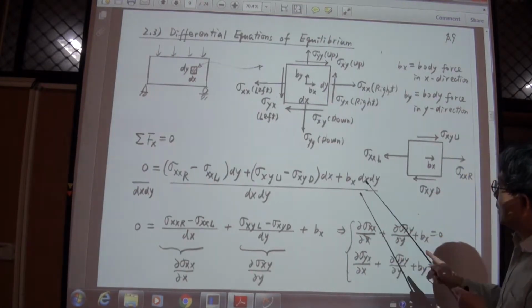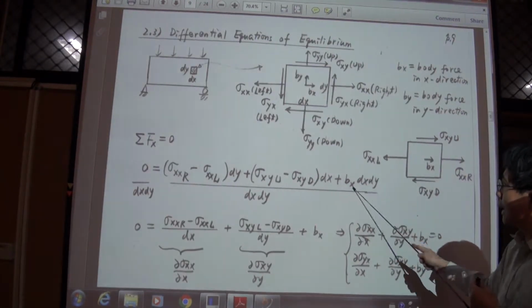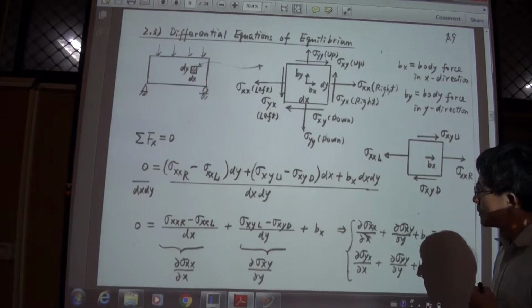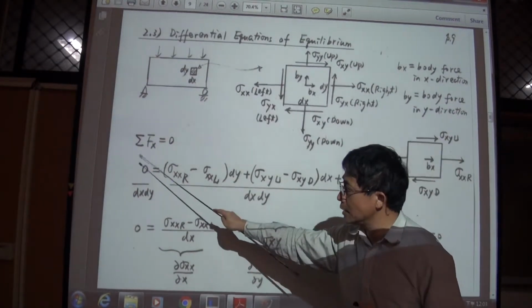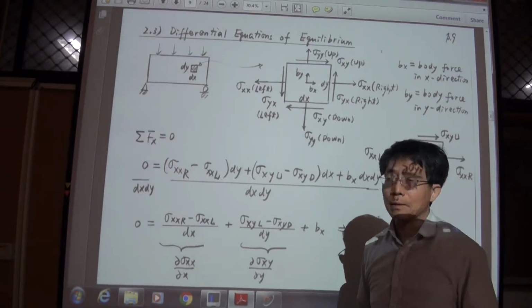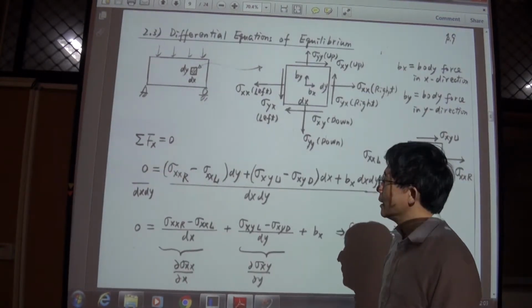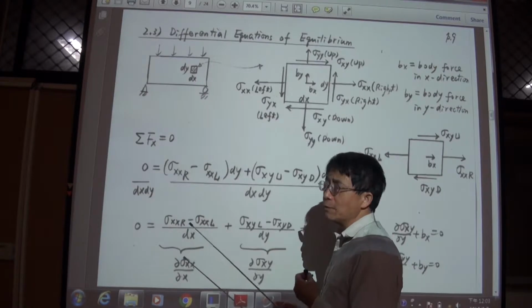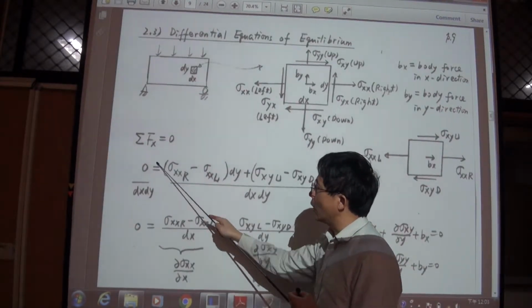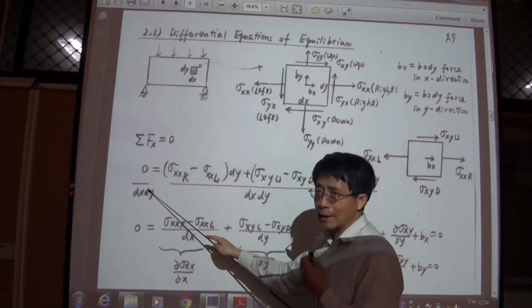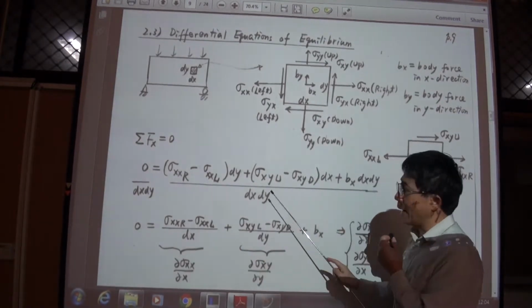So we times dx dy here in order to get the resultant force. And all these resultant forces summed together will give you 0. This is called the equilibrium state. Now, to simplify our equation, we divide the left side of this equality by dx dy, and the right side by dx dy.